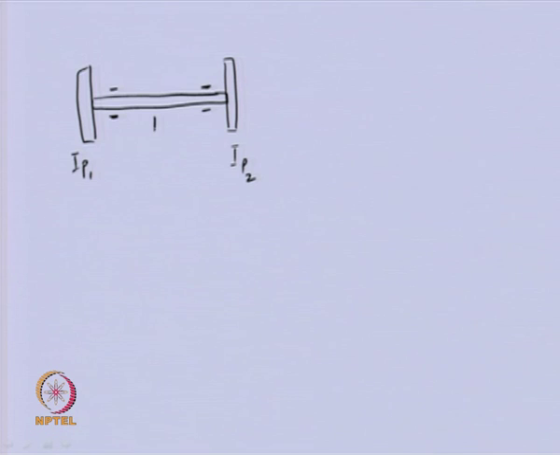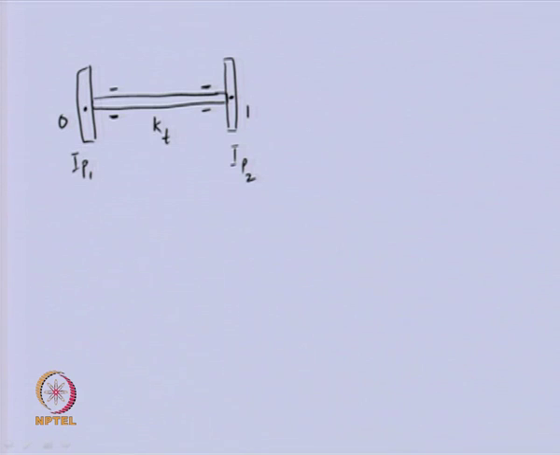Let us say the torsional stiffness of the shaft is kT. Now, if we want to attach stations, let us say this is station 0 and this is station 1, because the rotor system is simple, so we can have only 2 stations.